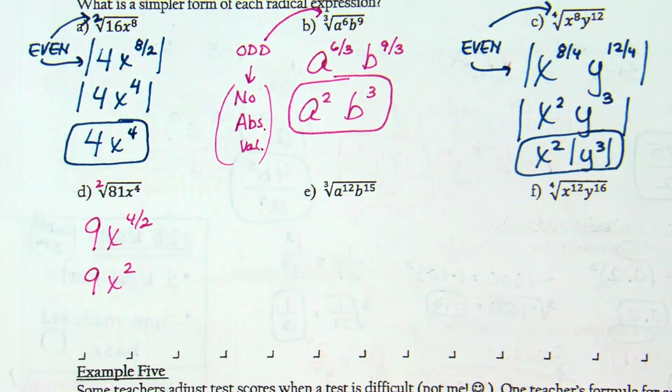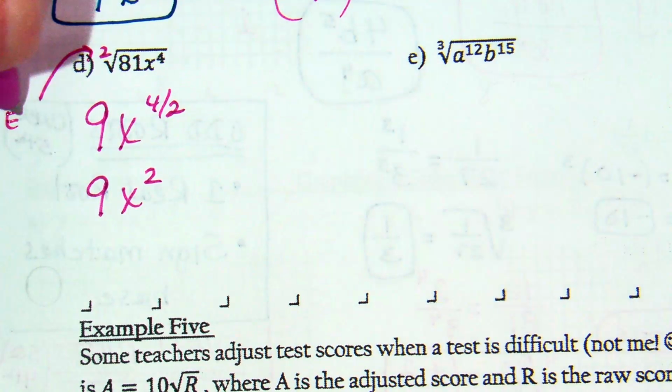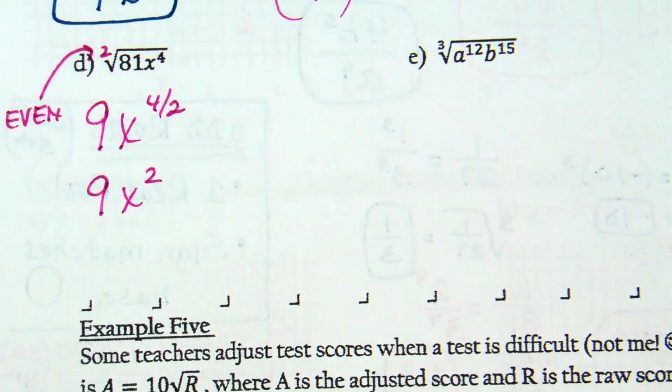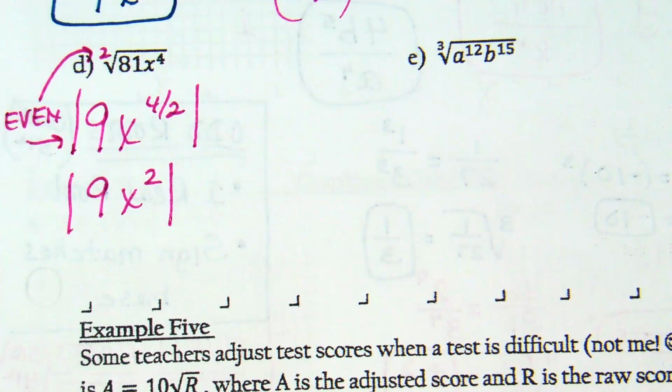Okay, what's my question to you? Do I need to consider absolute value? When have we considered absolute value in the past? When the root is even. A square root, is a square root even? Yeah, square root is even. And so, me considering absolute value is putting absolute value on my answer while we talk about it.